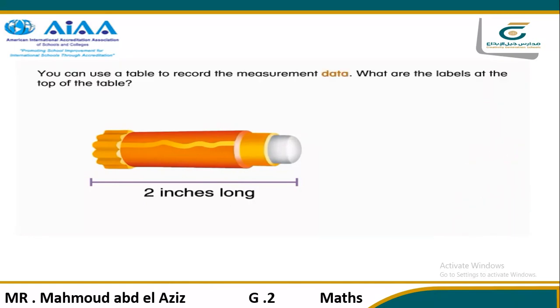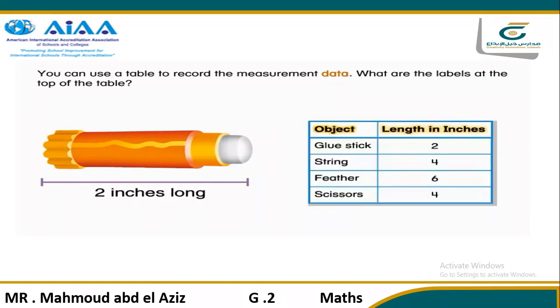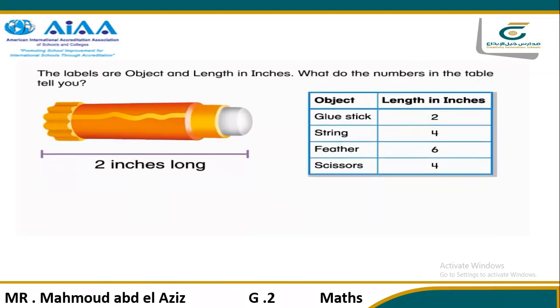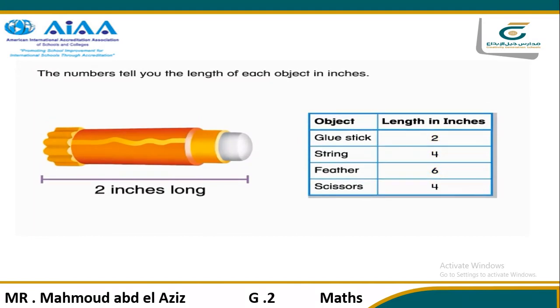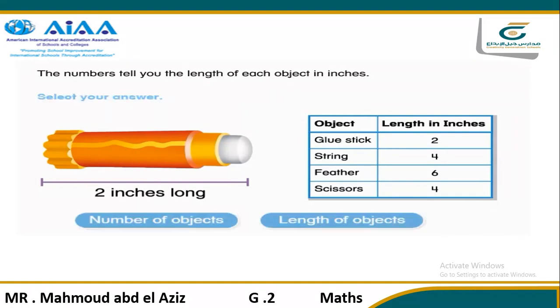You can use a table to record the measurement data. What are the labels at the top of the table? The labels are object and length in inches. What do the numbers in the table tell you? The numbers tell you the length of each object in inches. Select your answer.